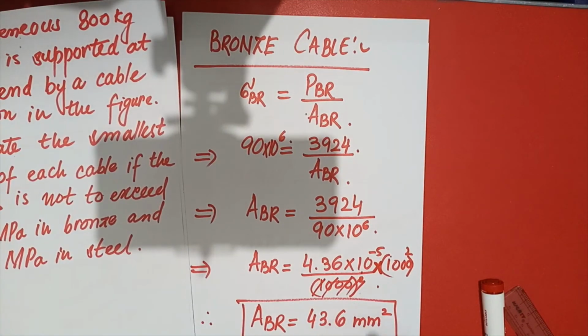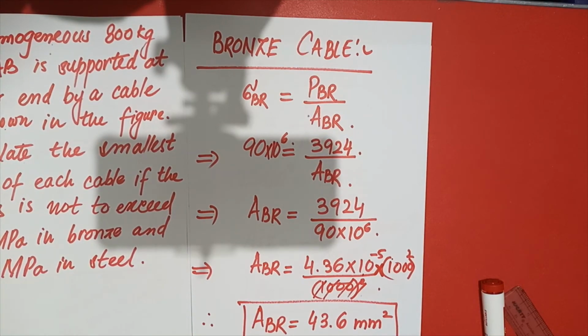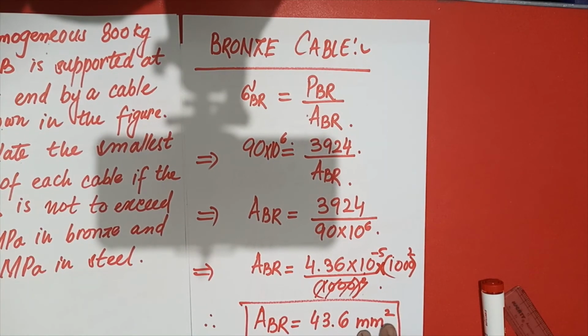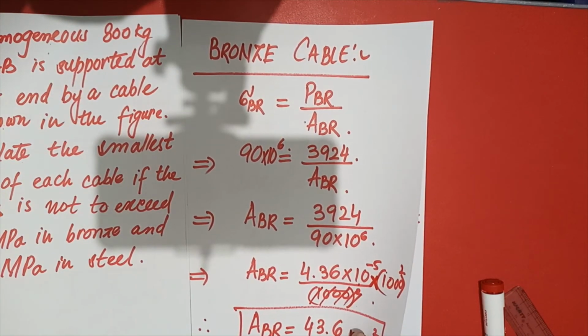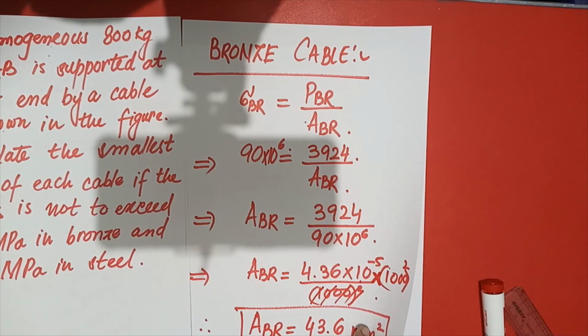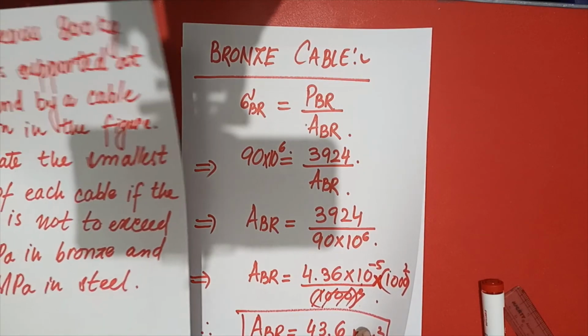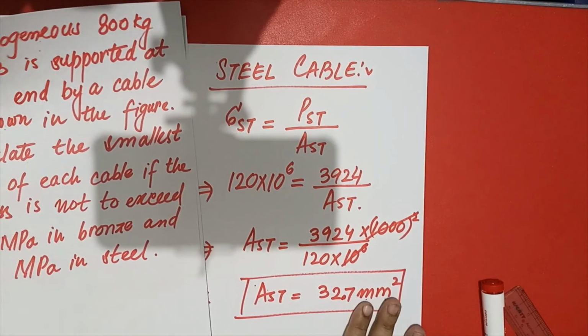In the next step, we found the area. For area, we know the stress and load for both cables. So we put the formula, stress equals load upon area, and calculated the area of bronze and the area of the steel cable.